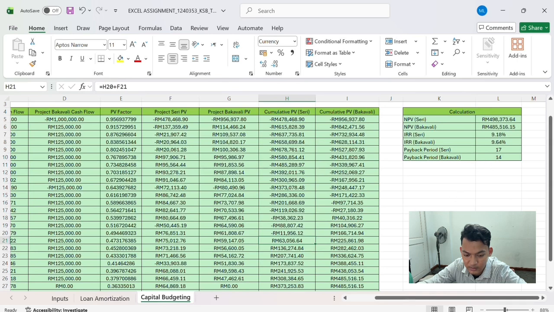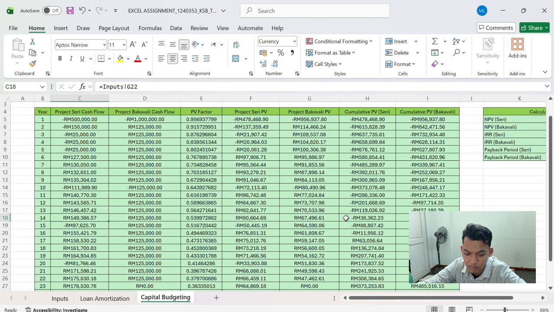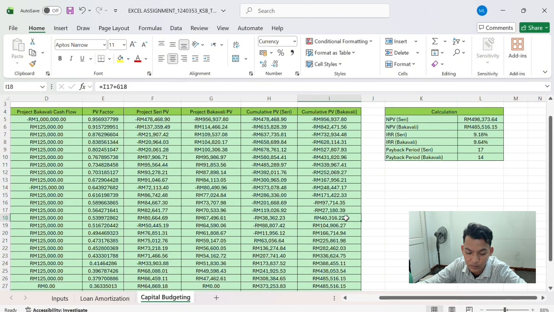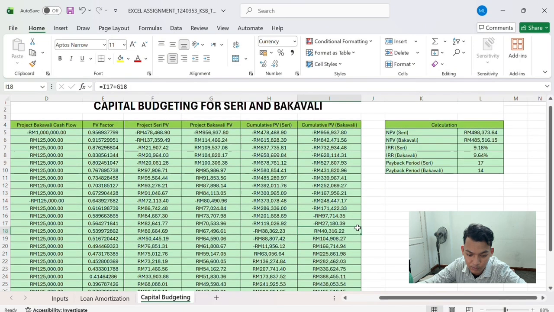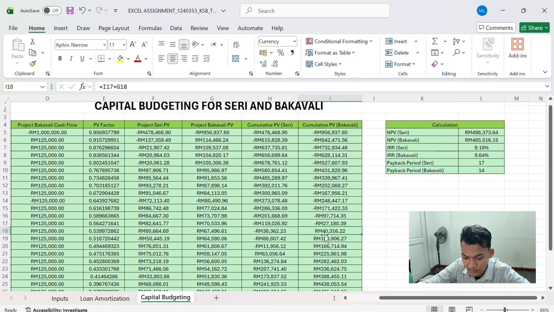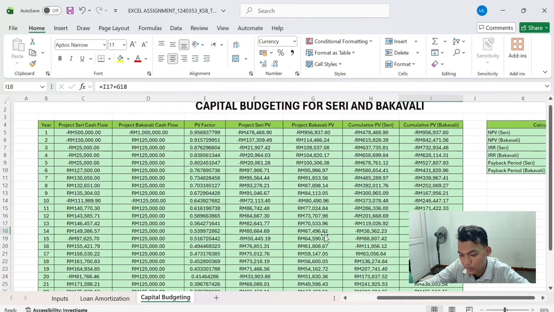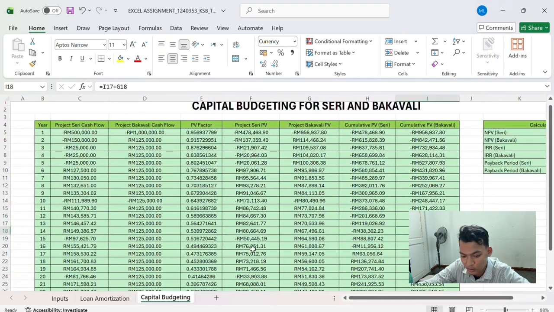The 17th year is the payback period for Project Seri. For Project Bakawali it is the 14th year, and as we can see here, it's also true. The cumulative PV payback period for Bakawali is at the 14th year.